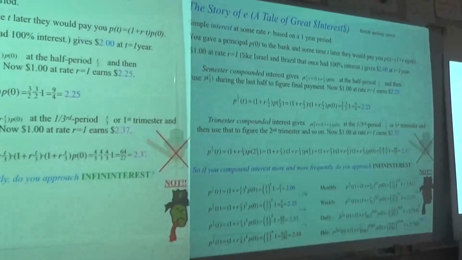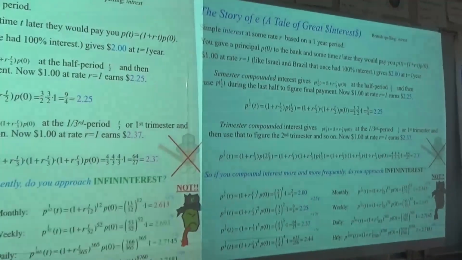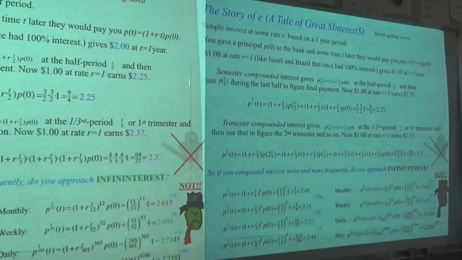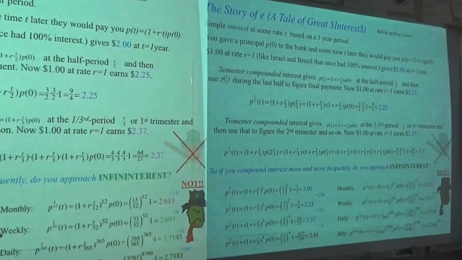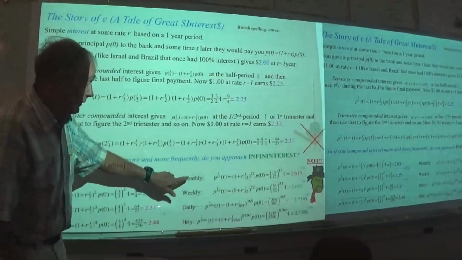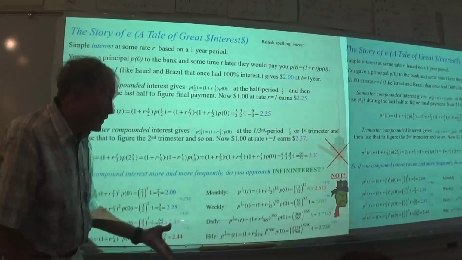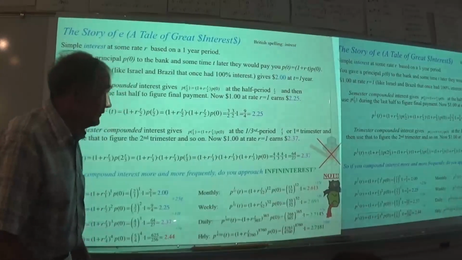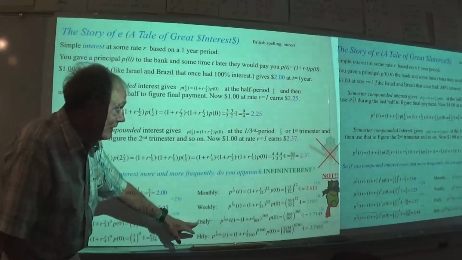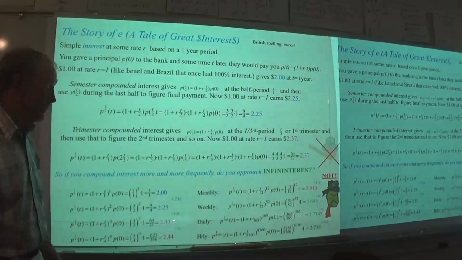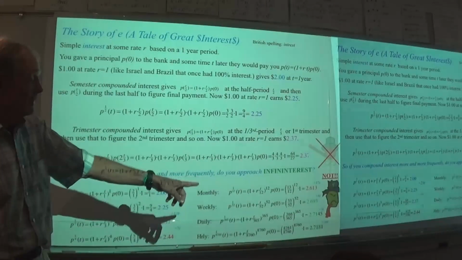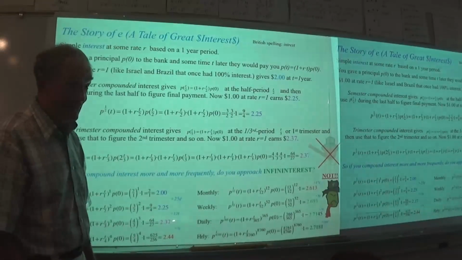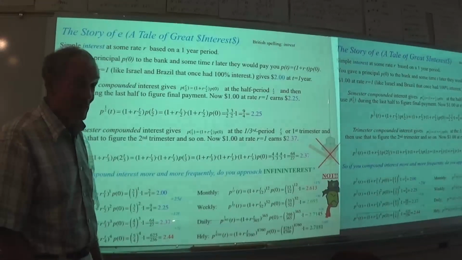Okay, so you get a big jump when you do a whole bunch. For 12, 17 cents is added there. Then weekly, you get another 8 cents. Do it daily, you pick up another 2 cents each year. But already you're seeing that number in green there. Right? Recognize that 2.718.